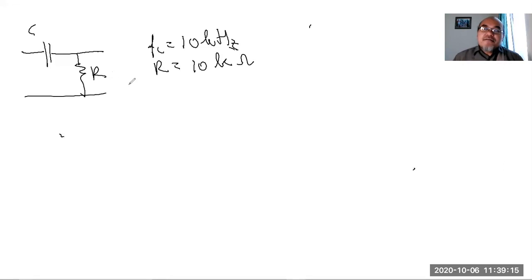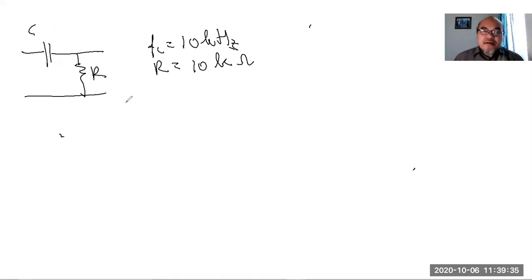But if we put too high a resistor, for example 1 mega ohm, the capacitance will become too small. If capacitance becomes too small, then there will be parasitic capacitance occurring in this circuit, which we don't want. So what will be the value?